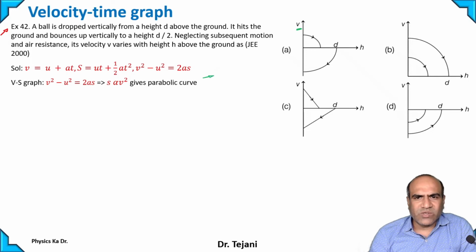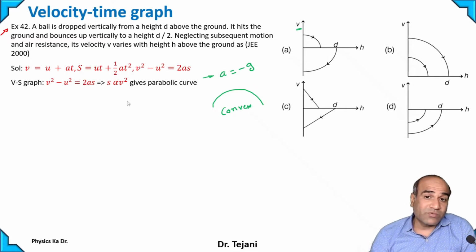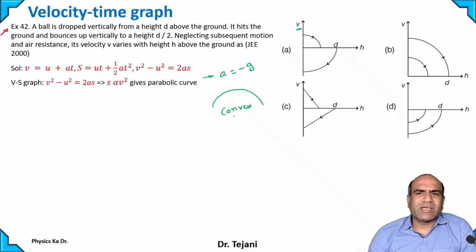See, you can also take directly acceleration equal to minus g, so that your curvature should be convex. But that is applicable when you draw the graph of velocity versus t. It may not be applicable here.